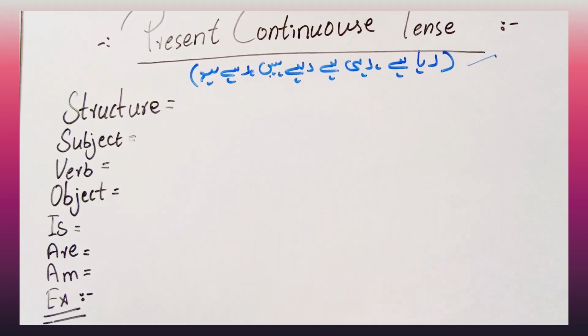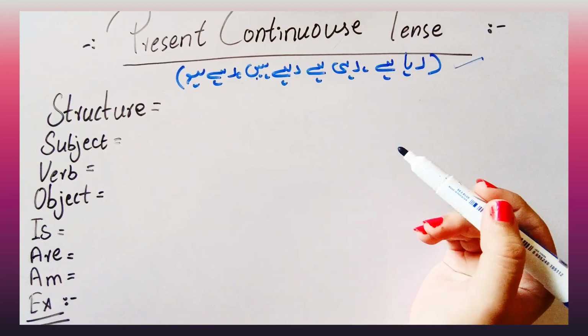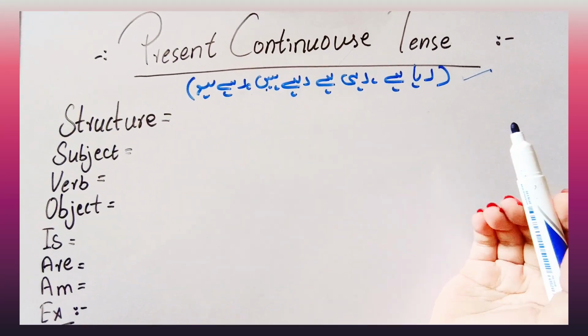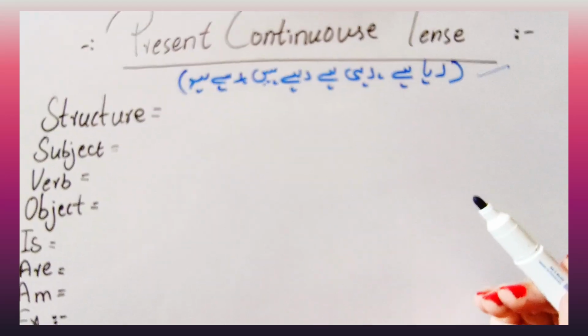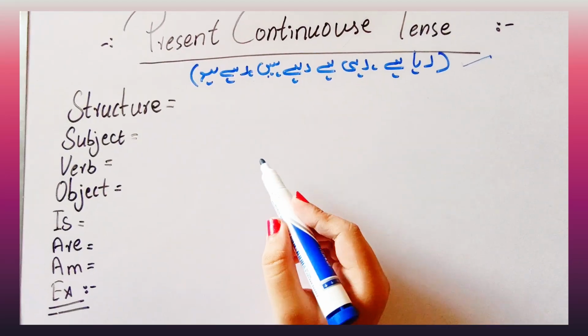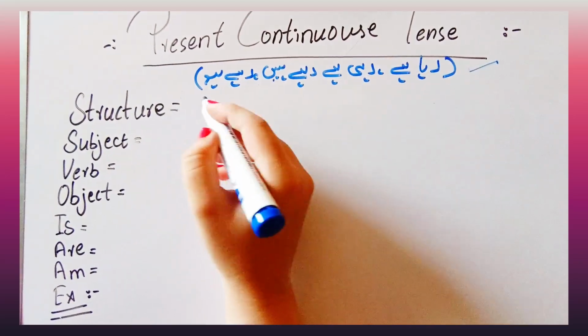And now let's move toward some important concepts that are very important for us to make a sentence of any tense, or we can say any structure. So first we have the structure of the present continuous tense.